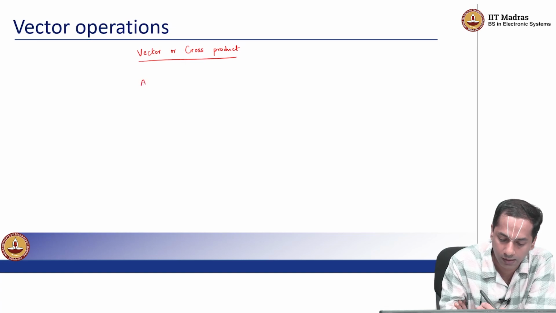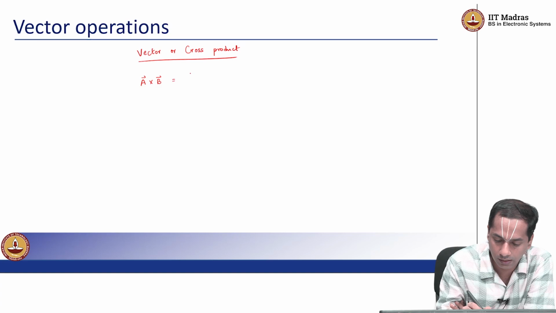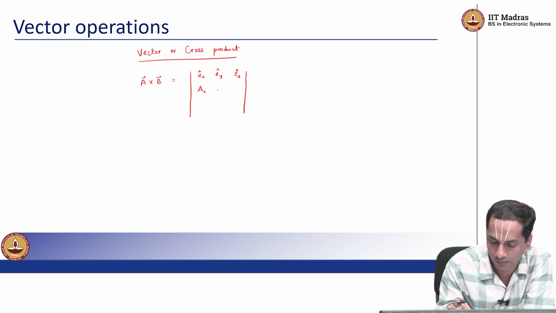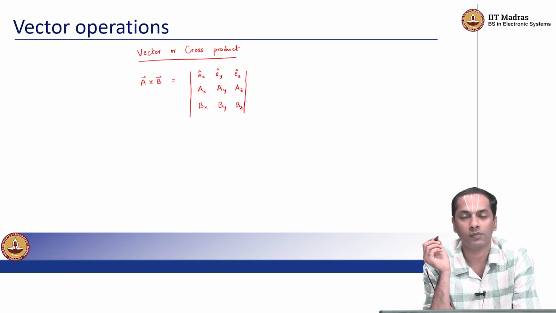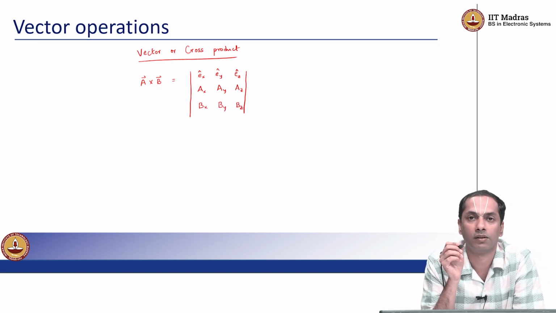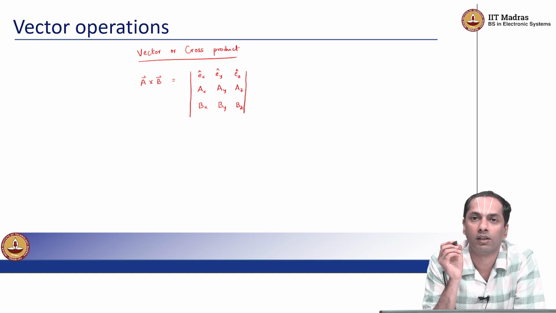And that is defined as the determinant of this arrangement of unit vectors and the scalar components.